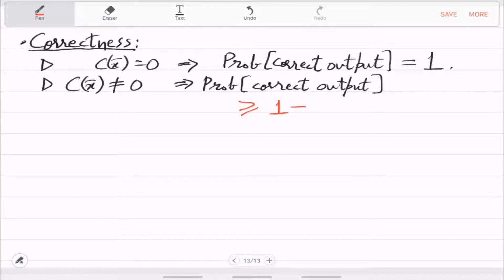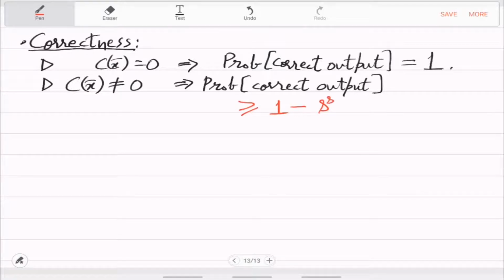And when will your algorithm say 0? That will happen only when a bar is a root. So you have to see how many roots are there in S to the n space. So if it was a univariate polynomial, then the number of roots could have been at most S, divided by the sample space size, which is half.